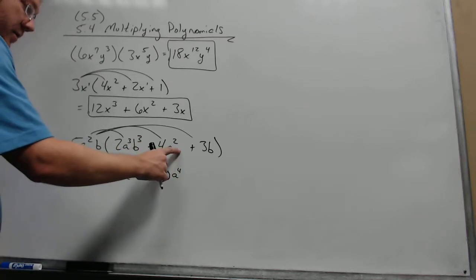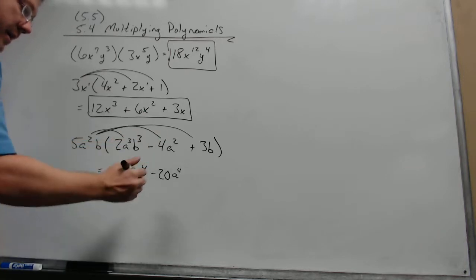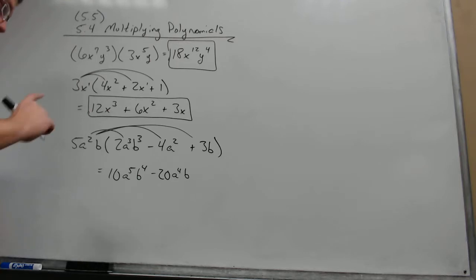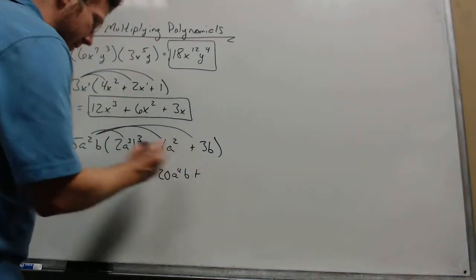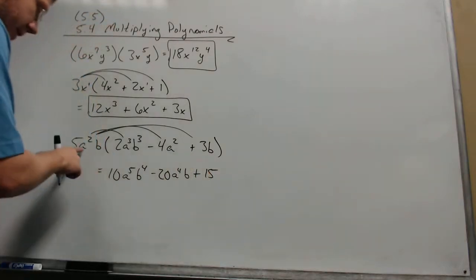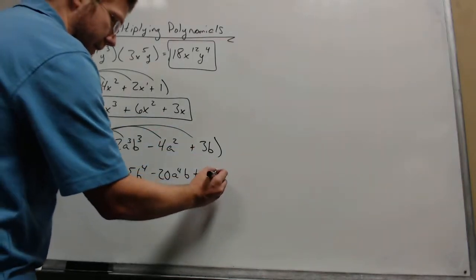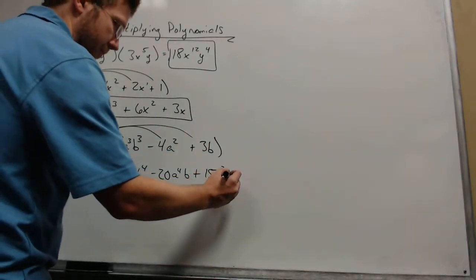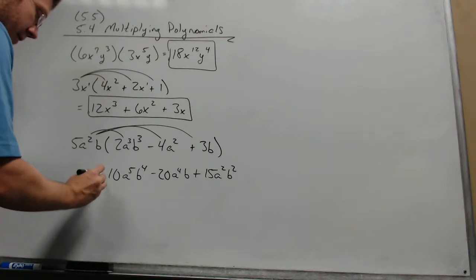And b, there's no b's here, but this b is still getting carried along. I'm still multiplying by b, so it's still part of that term. Last problem. 5 times 3 is 15. Again, I have this a squared, it's along for the ride, it's still in this term. And then we have b times b, should be b squared. All right, and we're done.